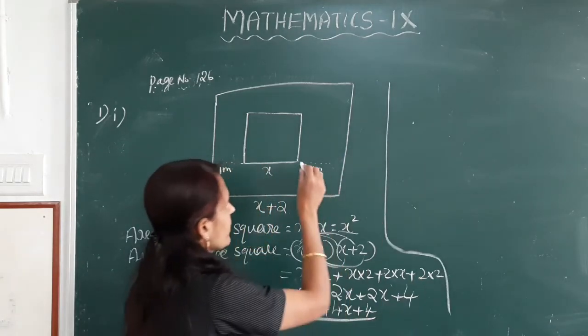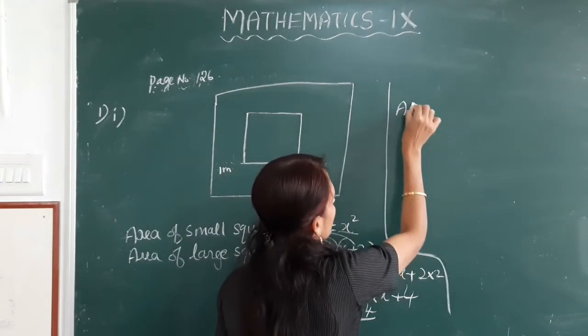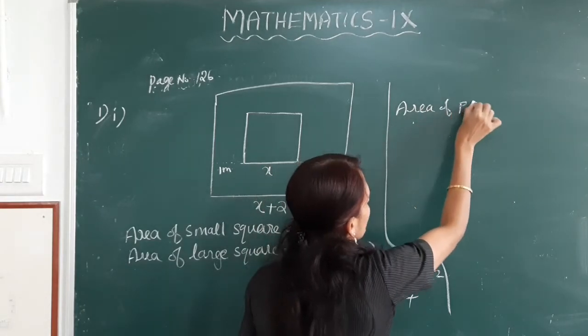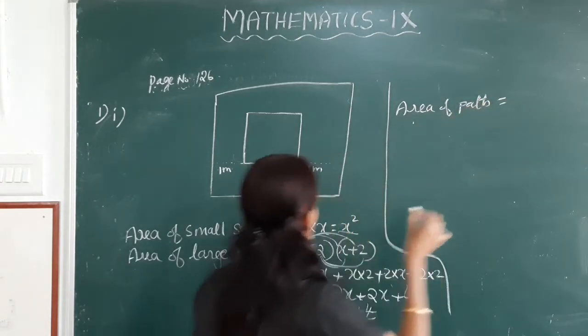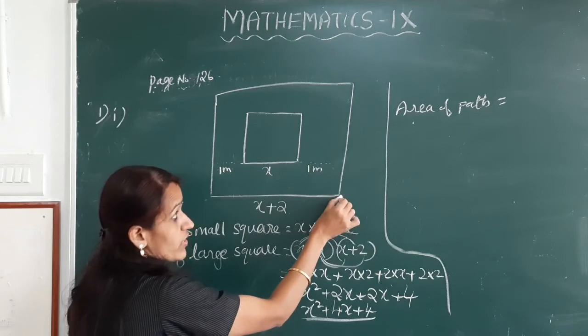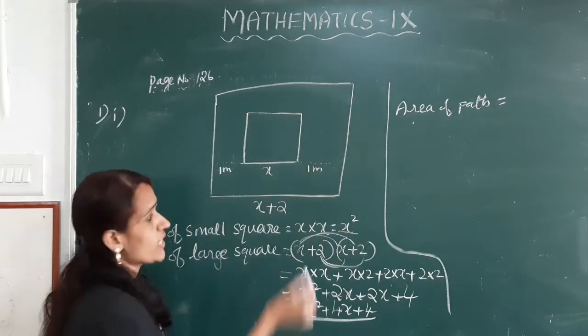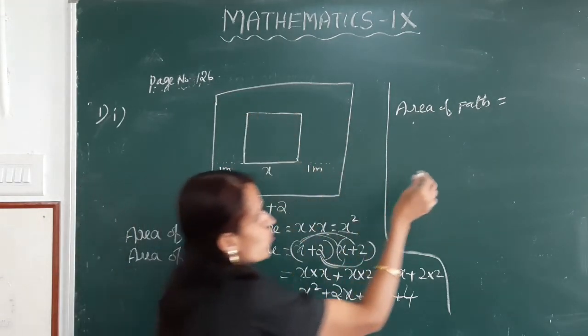Now we have to find the area of the path. Area of the path is equal to area of the large square minus area of the small square.